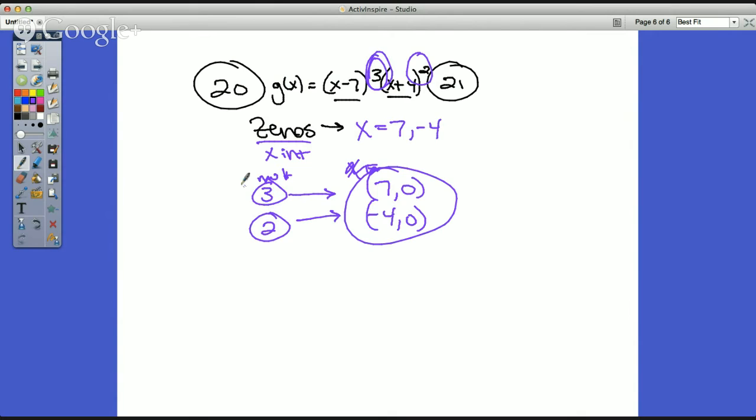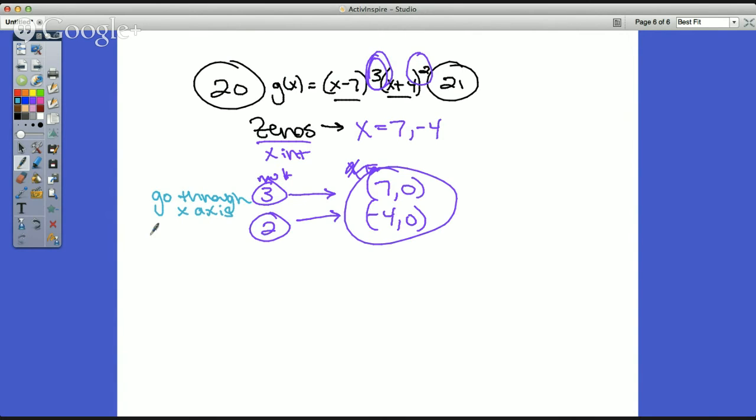So the multiplicity actually determines whether it's going to go through the x-axis, or if it's just going to touch at that x-axis there. So if you look at 3 here, because it is odd, it means that it's going to go through the x-axis.